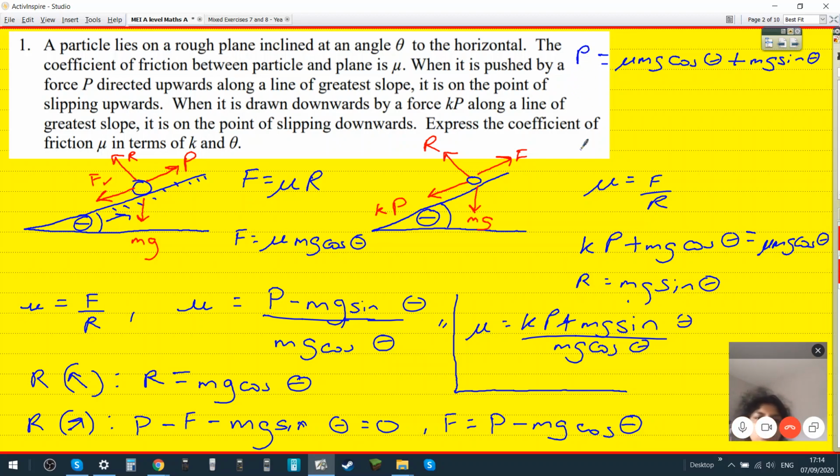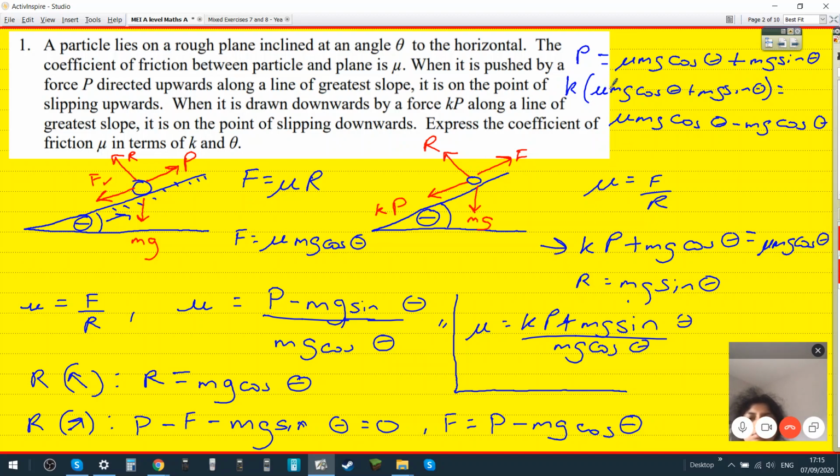And so this KP just becomes K, all of this, equal to mu mg cos theta minus mg sine theta. I'm subbing it into this one here.